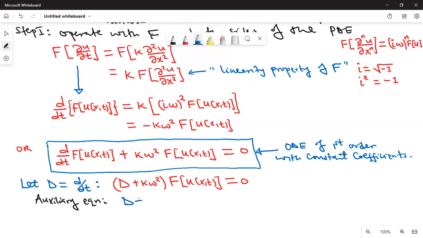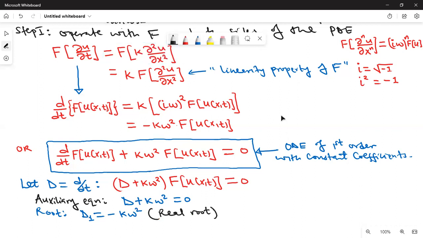So D plus k omega squared is equal to 0. So what about the roots? It's just one root. When you make D the subject, you're going to get negative k omega squared. And this is a real root.